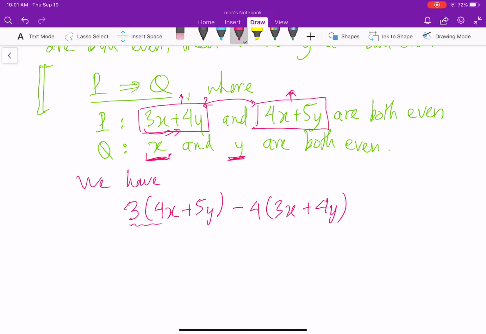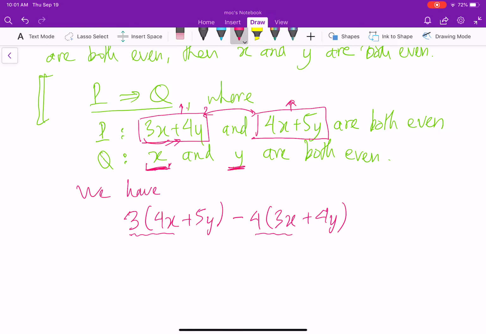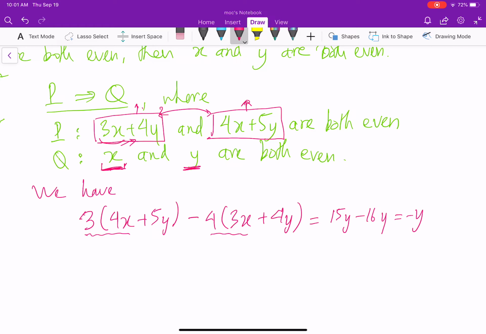I want to eliminate x here and x here, so I multiply by 3 here and by 4 here. This is equal to 3 times 5, which is 15y, minus 16y, which is negative y.